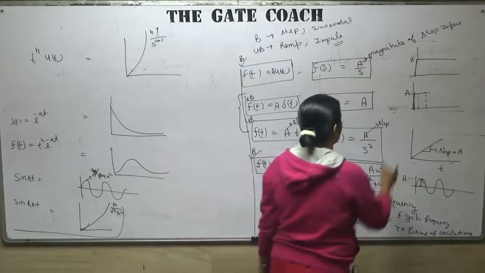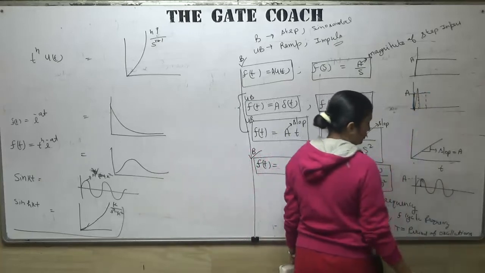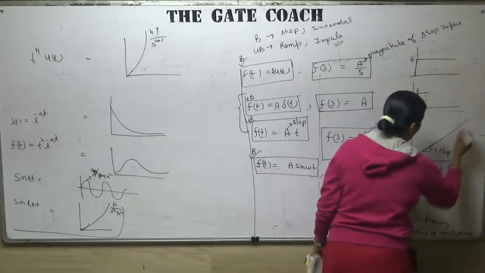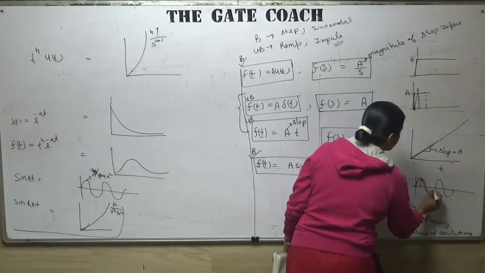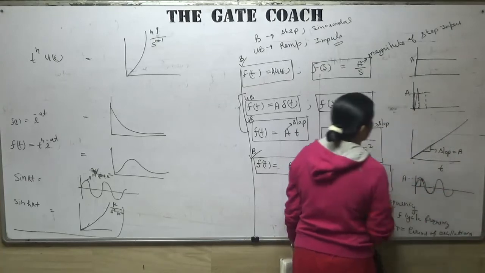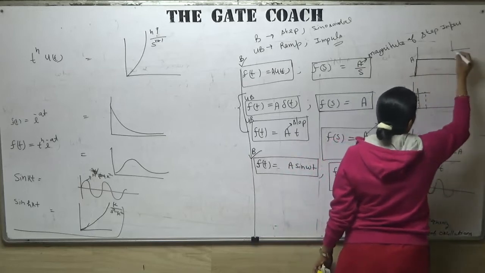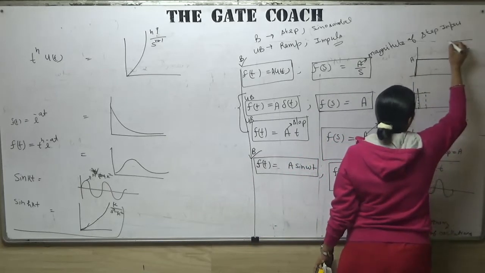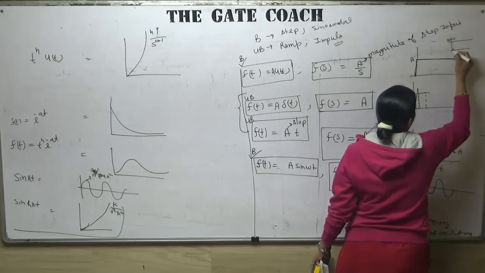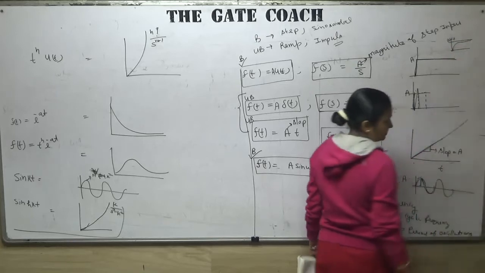Because you do not know up to where that impulse will go, or from where this curve will go. But these have certain boundaries. That is one cycle, another one cycle, and that is step up to a magnitude 1. If we draw its response curve, it will go up to its ultimate value and remain there.